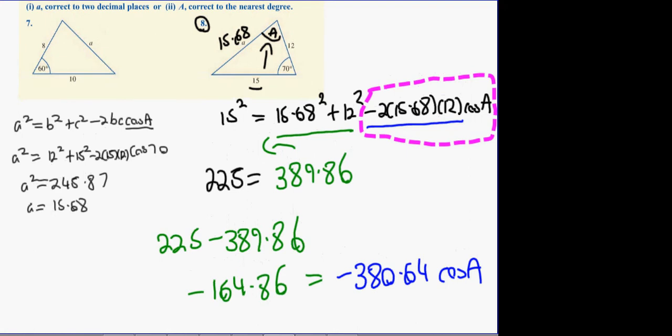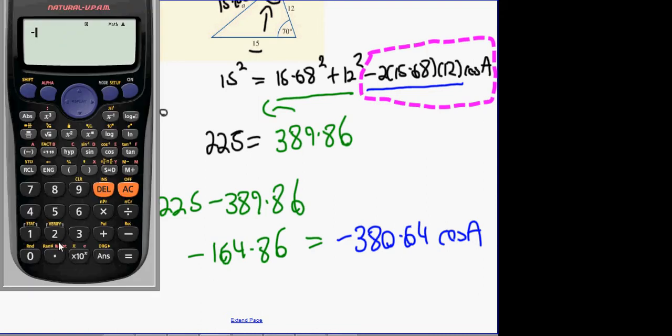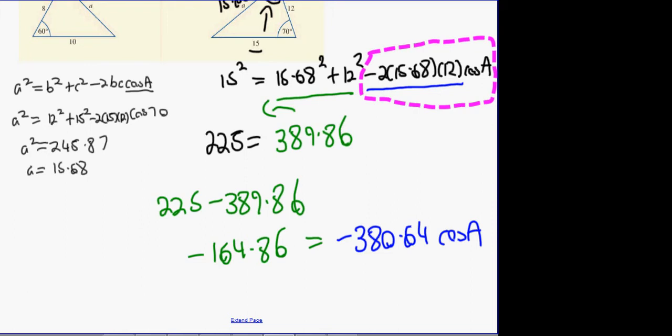This means that we're going to have to be getting cos inverse of a positive number. If you call it out as 86, it's going to be down as 86. Sorry, 15.68, my fault, times 12. Sorry, 376.32. That's perfect.